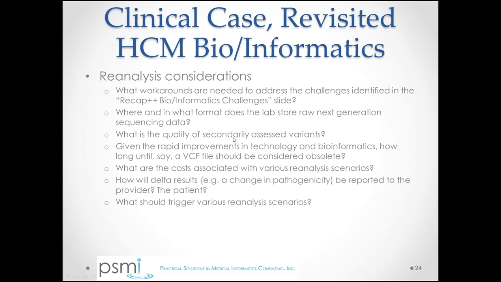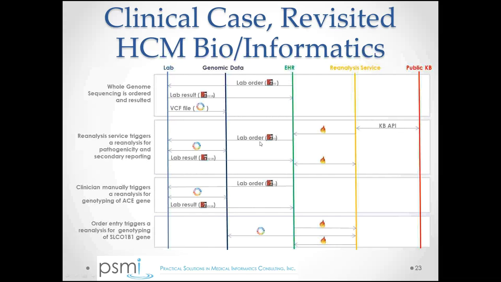And this is a very complex issue, and like you said, Diane, there's CLIA issues, there's technology issues. So if you have scenarios for secondary assessment that go through the lab and then come back, then you presume that results coming back are of sufficient clinical grade quality.